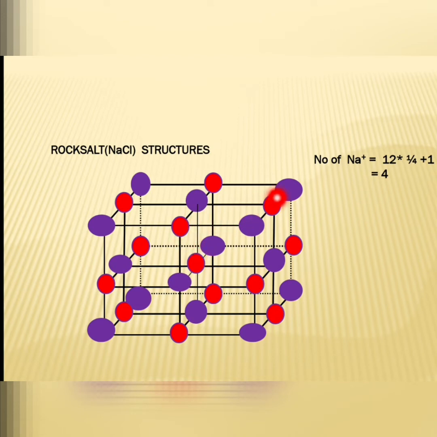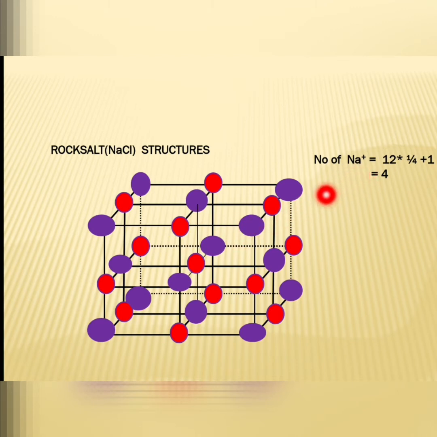Now let's calculate the contribution of chloride and Na plus ions in a unit cell of the rock salt structure. I told you the positions of Na plus and Cl minus.